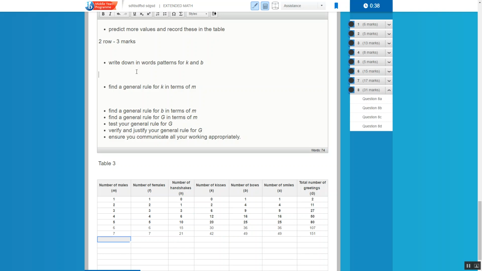I can recognize that H is equal to K over 2. So this is also a quadratic sequence. I can also notice that this is B.